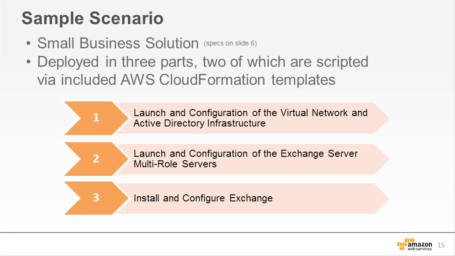Then in the second template, we launch the Exchange server as a multi-role server and configure it properly with these ENIs. We also create for you an uninstall script that gets put directly on the desktop for the server.